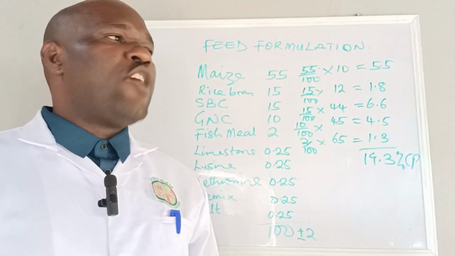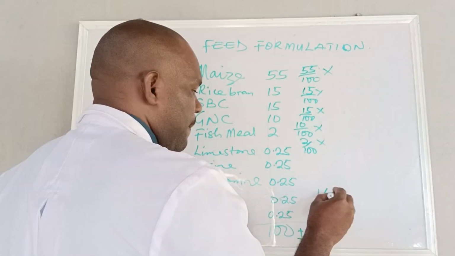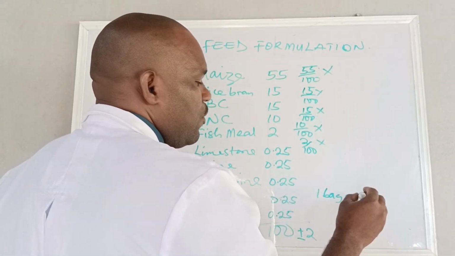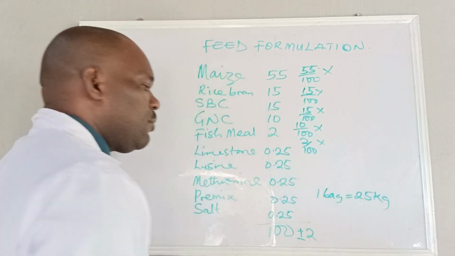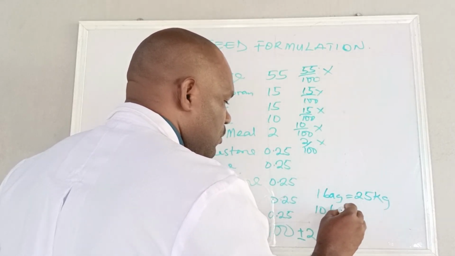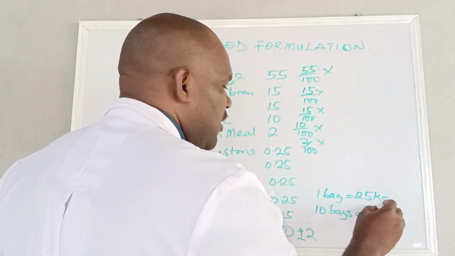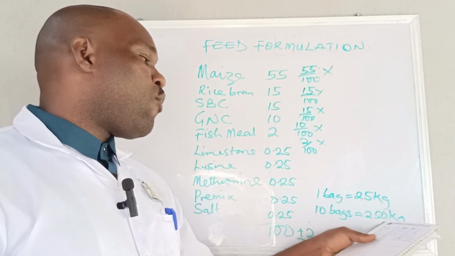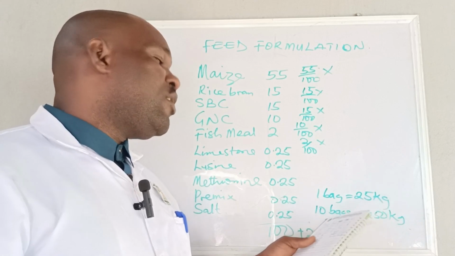Assuming you want to formulate 10 bags of feed, one bag is equal to 25 kg, and 10 bags will give you 250 kg. The total requirement is 250 kg feed.